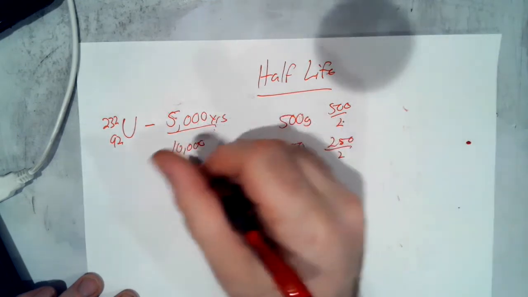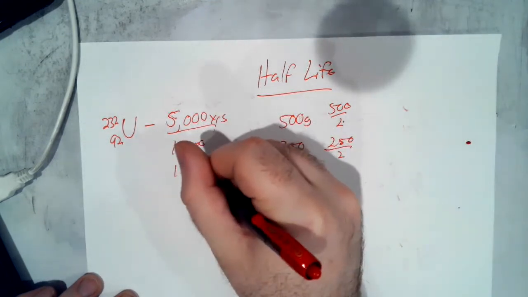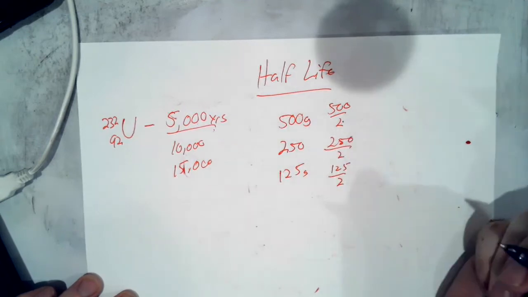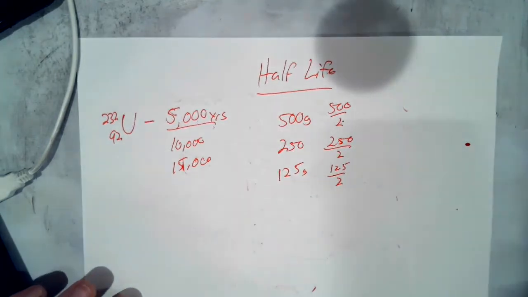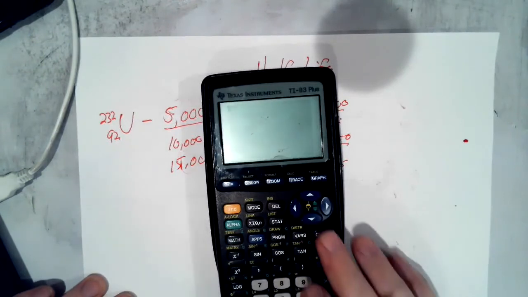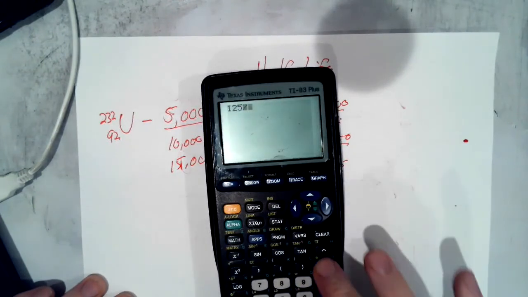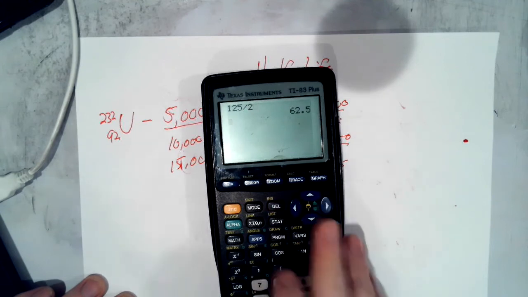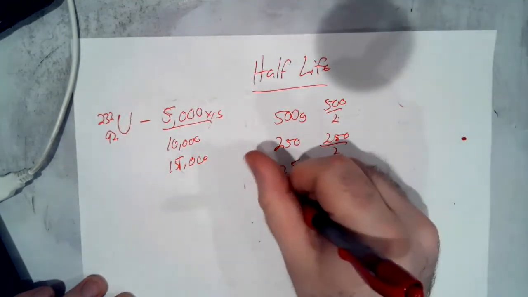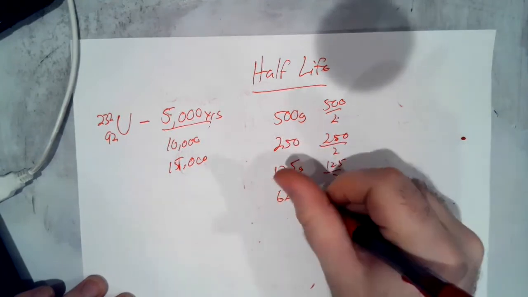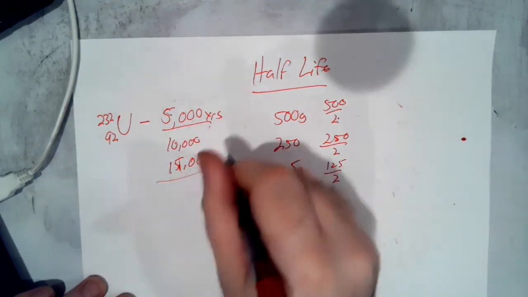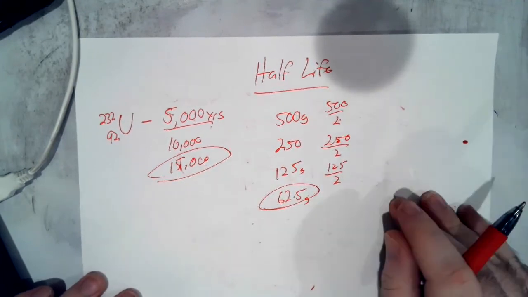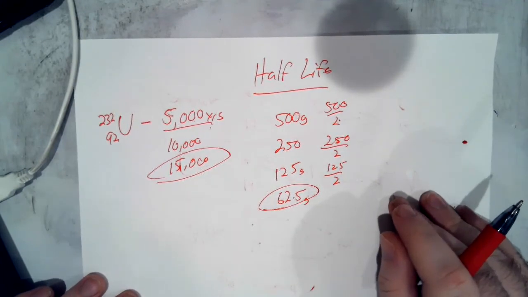And in 15,000 years, you would divide this by half. And what would that be out of curiosity? 125 divided by 2 gives you 62.5. Oh, that makes sense. So in 15,000 years, I'll have 62.5 grams left over.